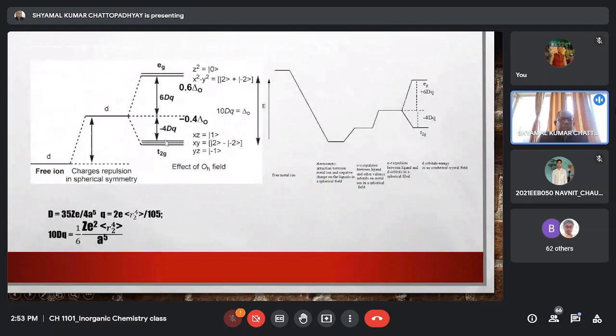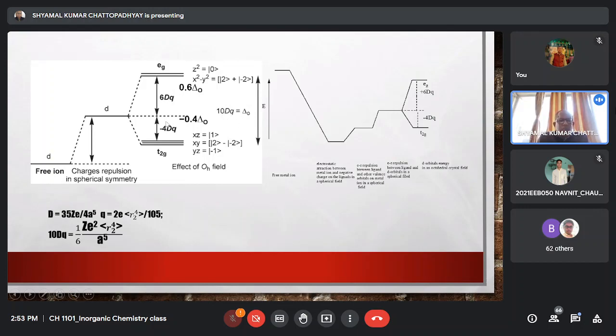Now, from mathematical calculation, we can show that the energy of these three d orbitals is decreased by an amount. If I consider the total splitting between T2g and eg as delta O, O meaning octahedral, the splitting is delta octahedral, or sometimes it is called 10 Dq. 10 Dq and delta O are identical.